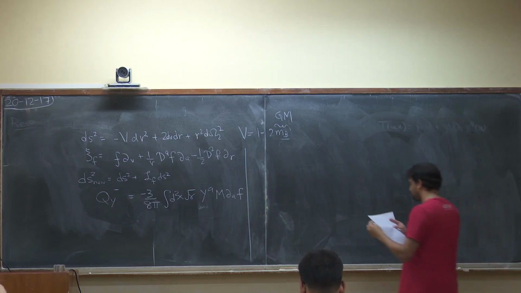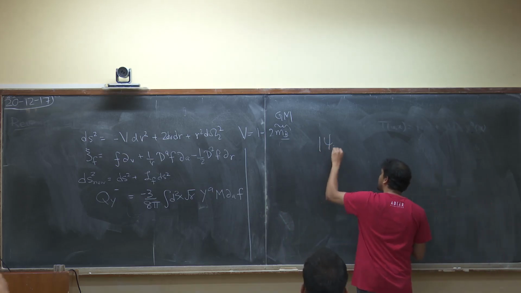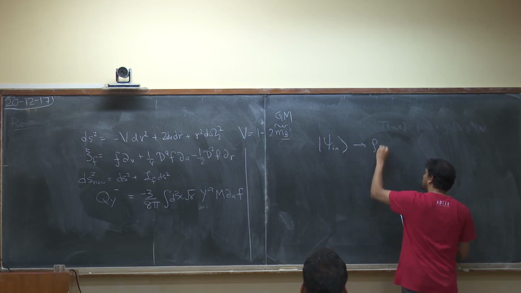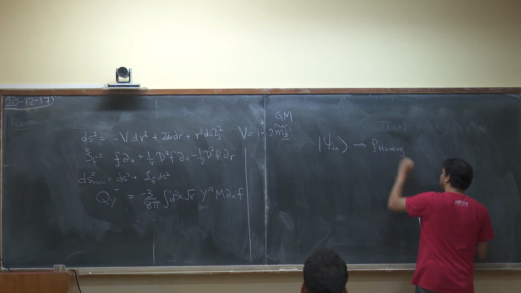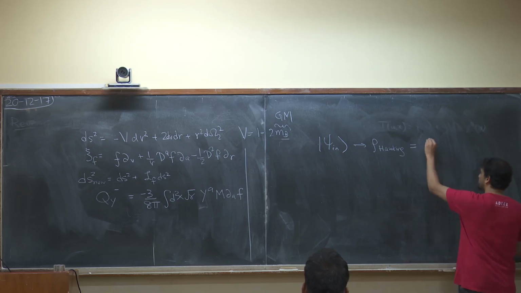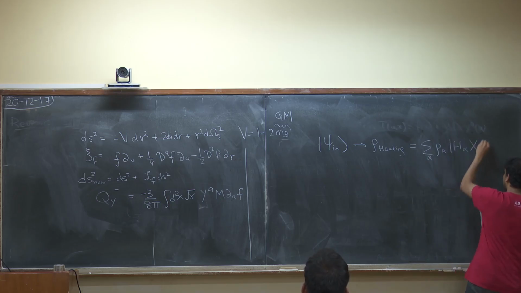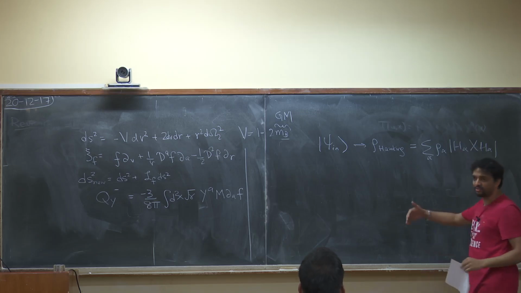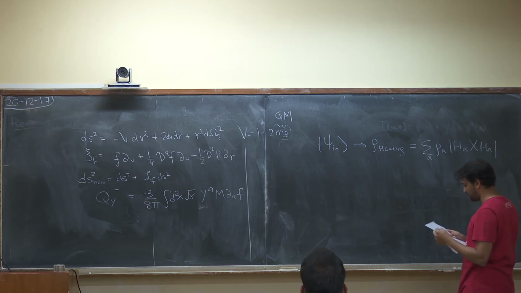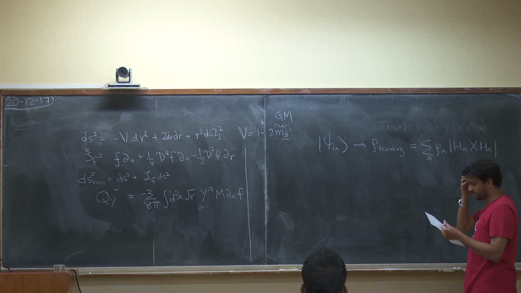So what really happens with the information paradox is that I send in a certain in state, and Hawking's argument is that at the end of the day, you get a density matrix as opposed to a pure state, and this density matrix is something like this, where here I'm denoting H as some hard energy. So I'm measuring the Hawking radiation, which are all hard states. They have the usual thermal spectrum.